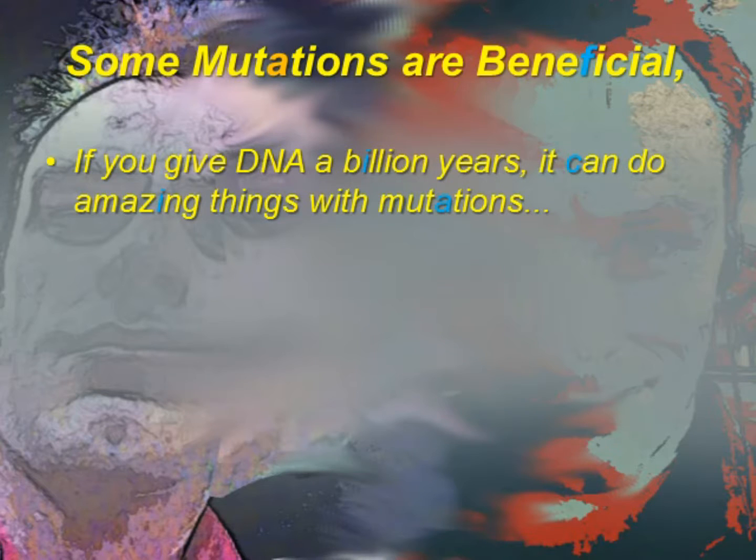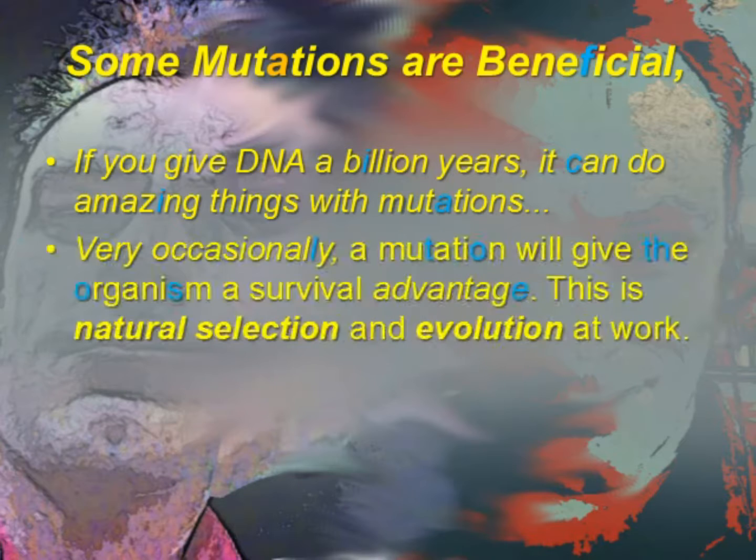So, we've talked a little about potentially negative mutations, but if you give DNA a billion years, it can do amazing things with mutations, and this is what we call evolution. And these are also beneficial mutations, mutations that are good for an organism.